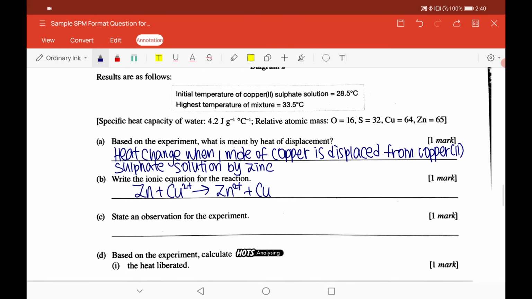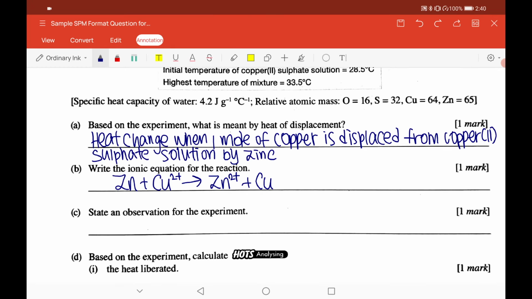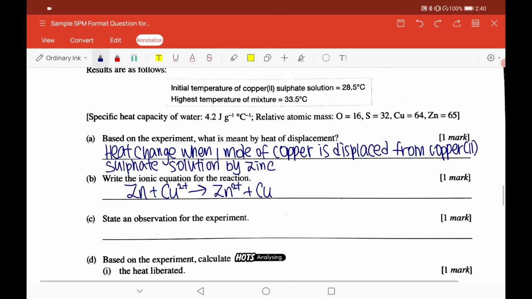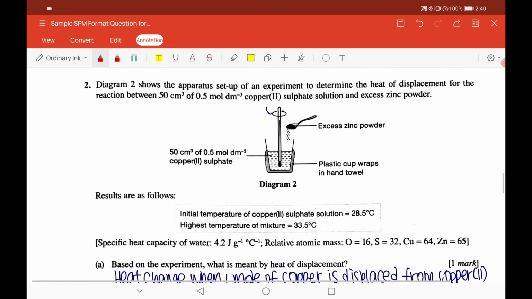Okay, next one. They ask for observation. Observation is what we can see. For observation, you can refer to the half equation. The first one you can see is Zn becomes Zn2+. When the metal becomes ion, it means they dissolve.